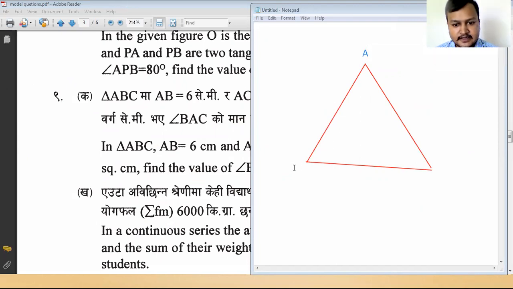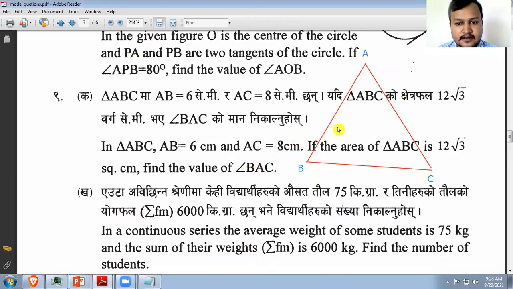This vertex is A, another is B, third vertex is C. Look at the length of sides: AB 6, AC 8. AB and AC are given.